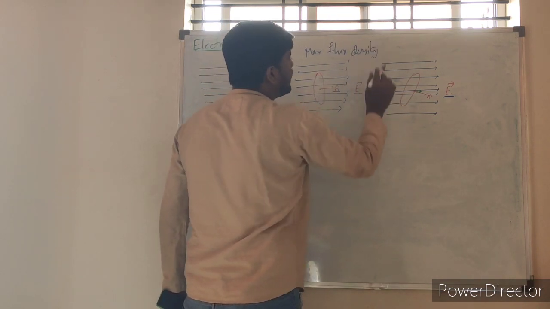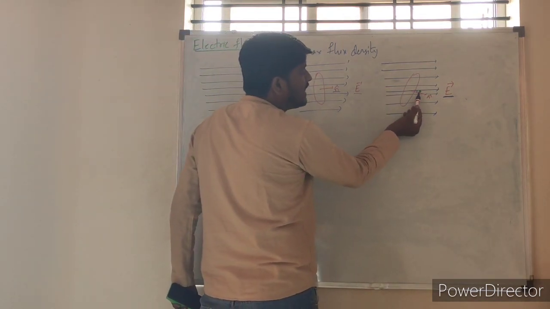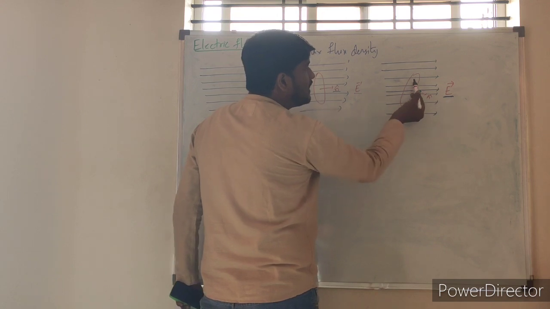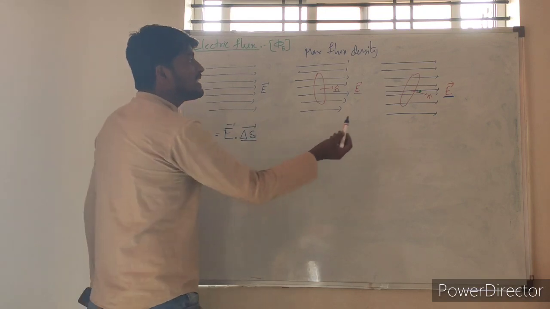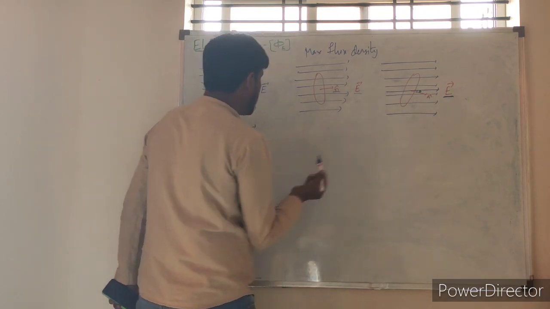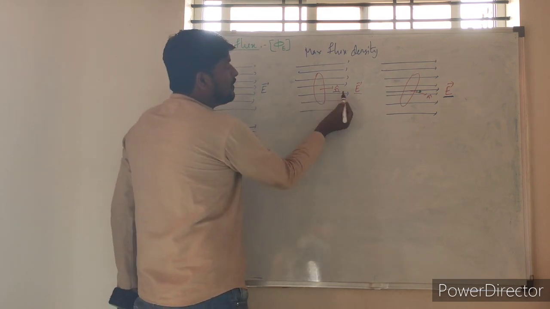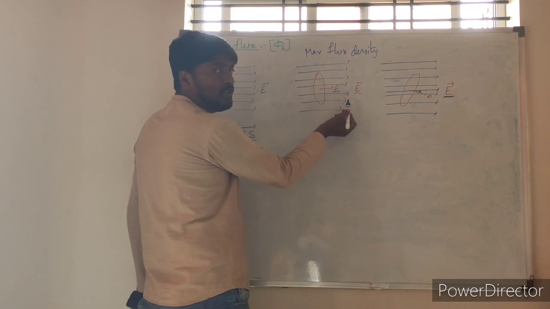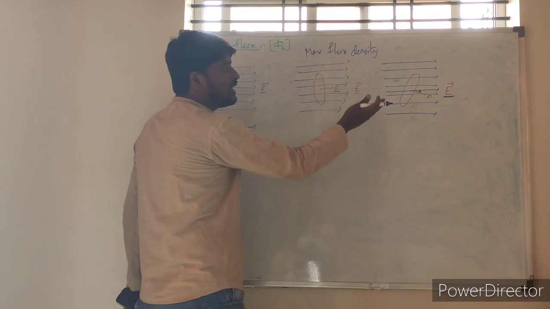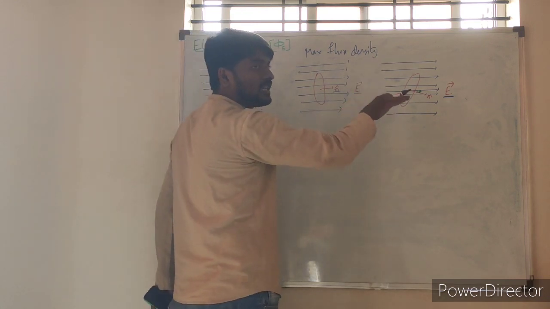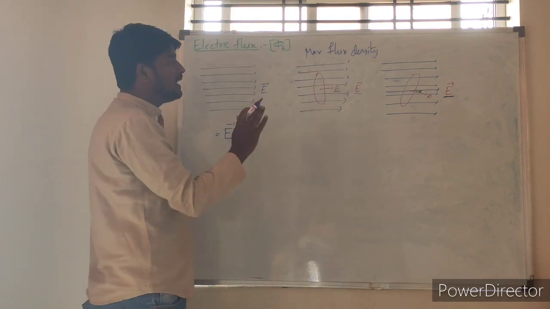If the direction of the area vector changes, that is, it subtends an angle theta with respect to the direction of the electric field, the lines of force through that particular area change. So there is a relation between the area vector and the electric field that can be written as E into delta S. If both are parallel, we have more lines; if not parallel, the lines of force decrease.